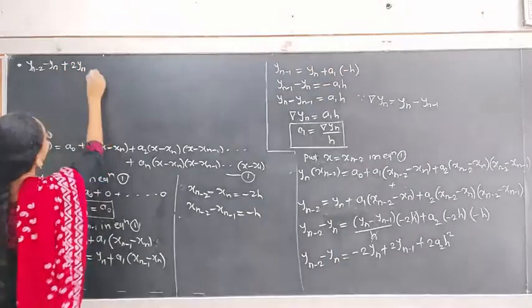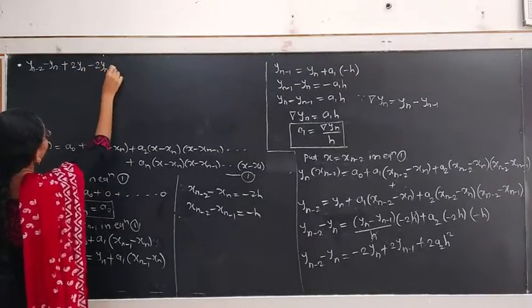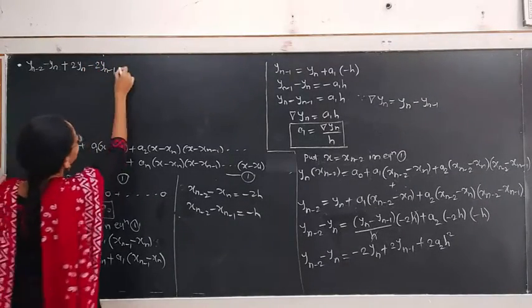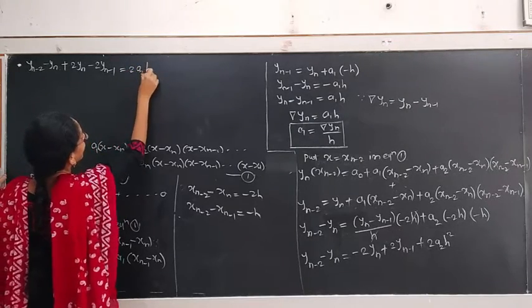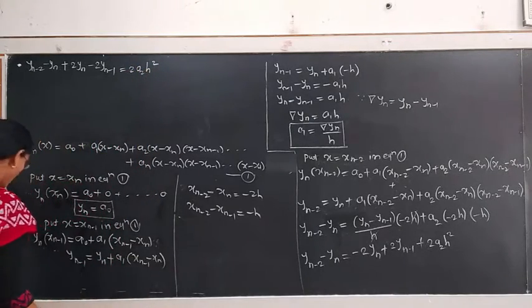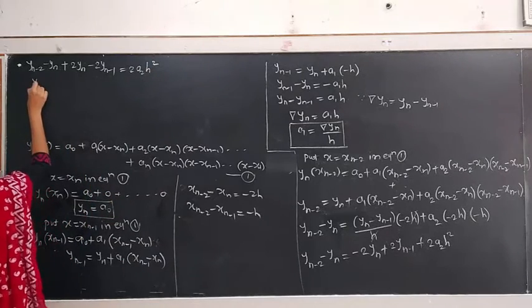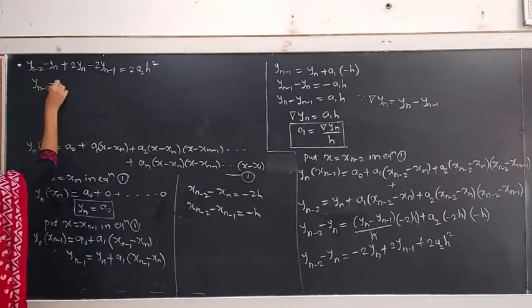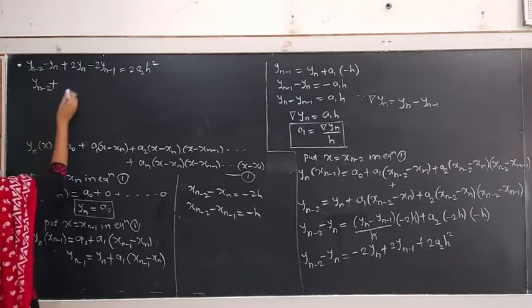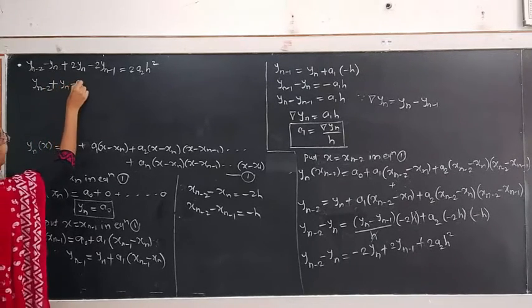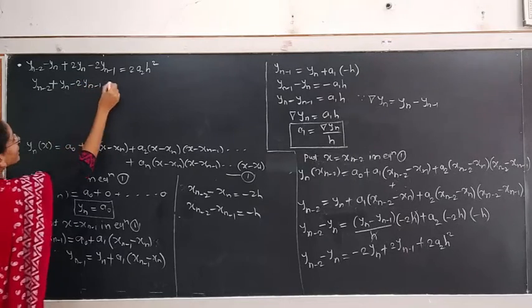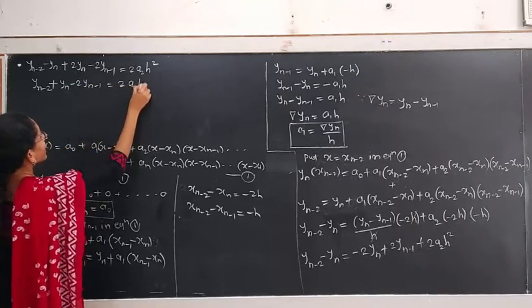Next term will be minus 2y_{n-1} equal to 2a2h square. This calculation is y_{n-2} minus y_n plus 2y_n will be plus y_n minus 2y_{n-1} is equal to 2a2h square.